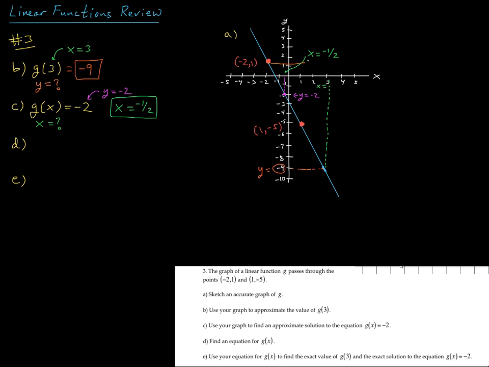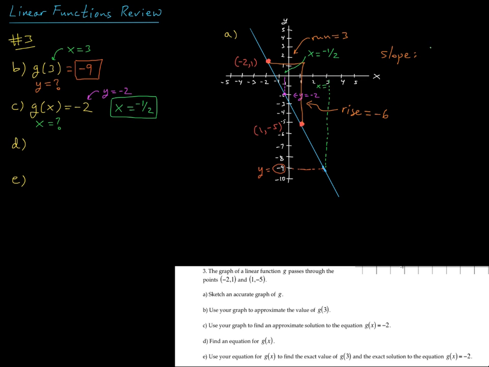I'm here at -2, and I'm going over to x equals 1, so this would be a run of 3: -2, then to -1, 0, to 1. And then I'm going to go down. I'm at a height of 1 here, and I'm going down to -5, so this would be a rise of -6.